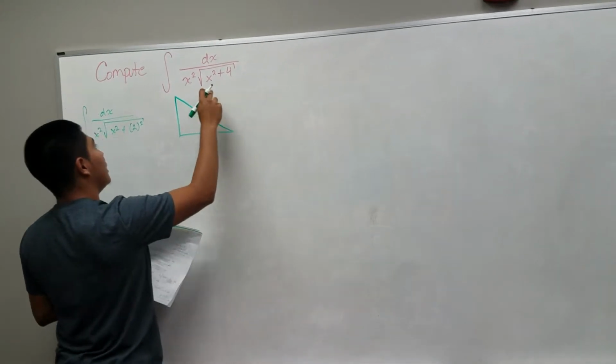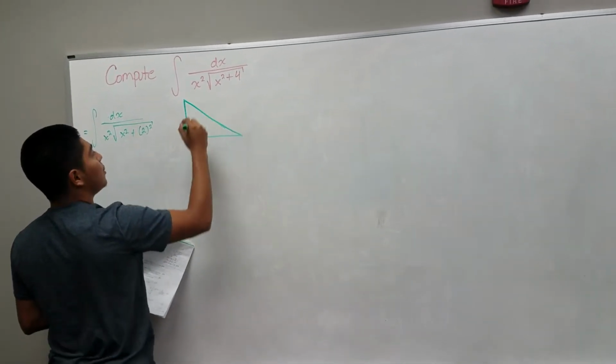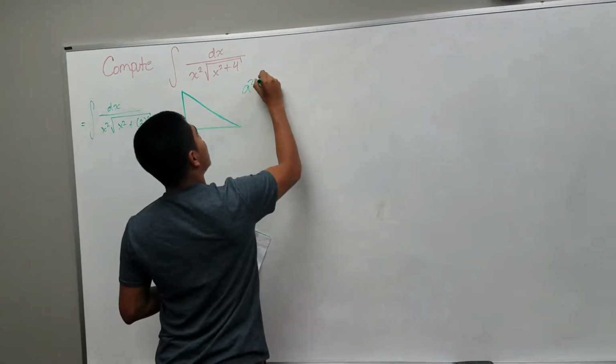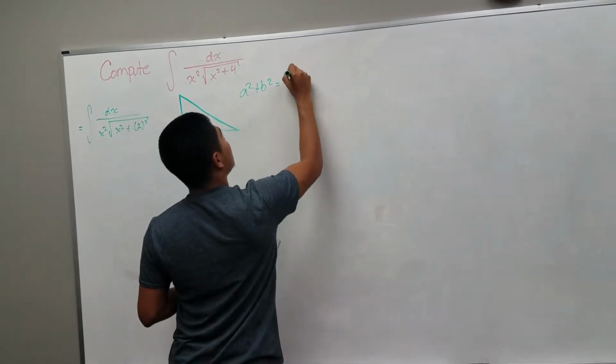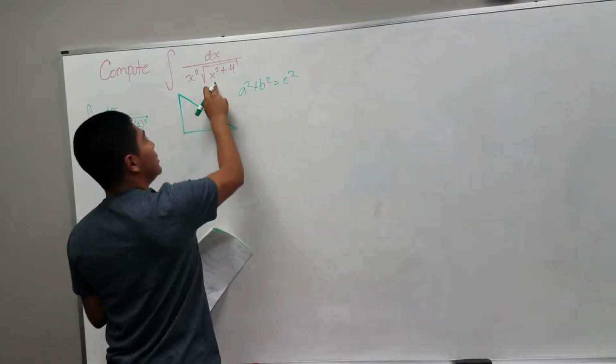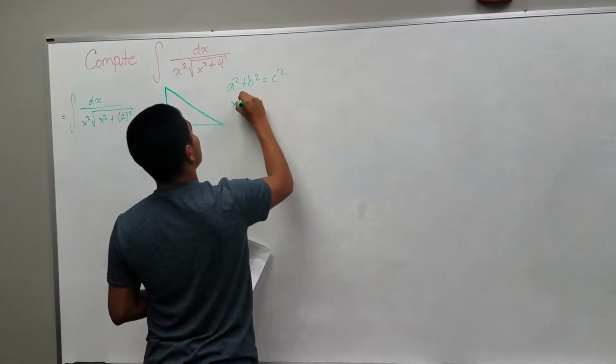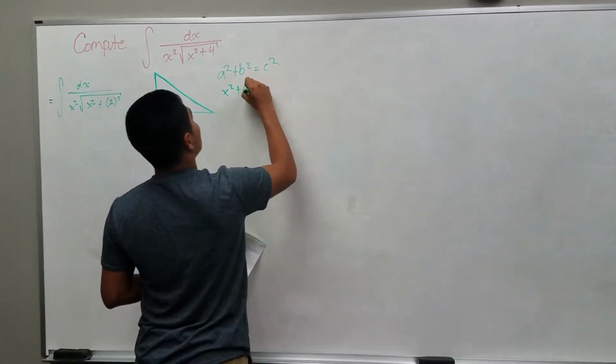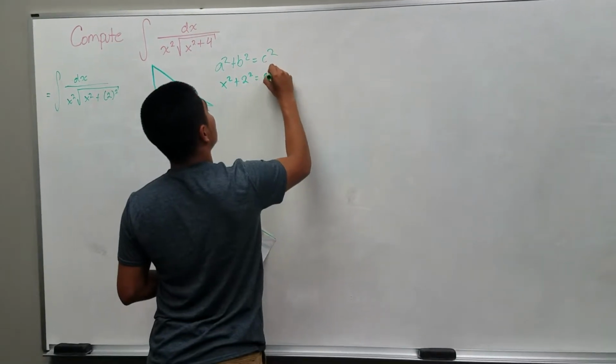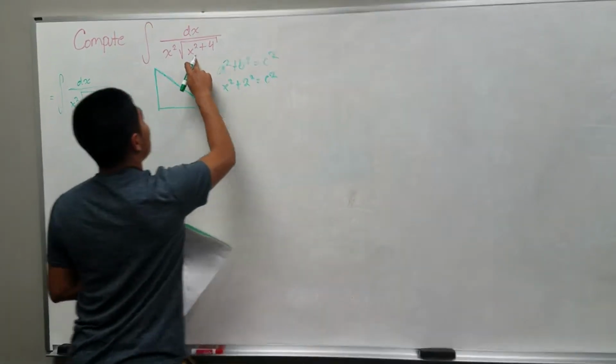Since a squared plus b squared is equal to c squared, x squared plus 2 squared is equal to c squared.